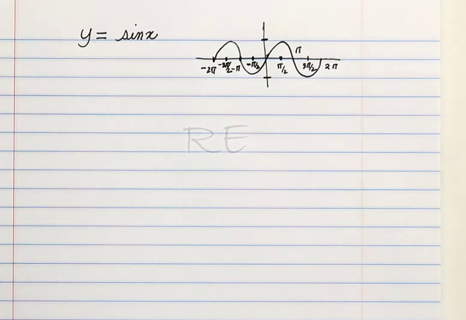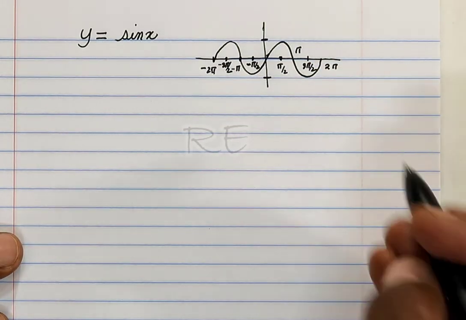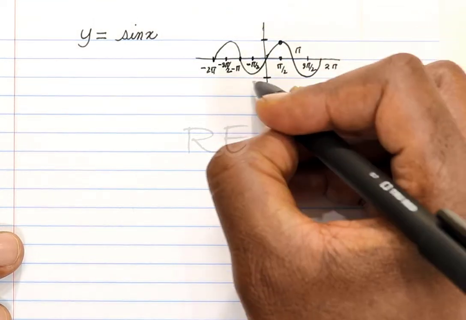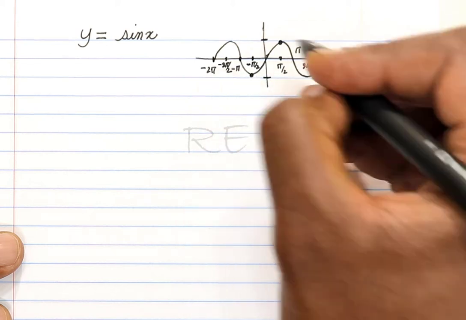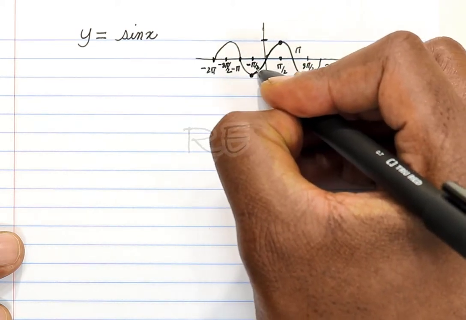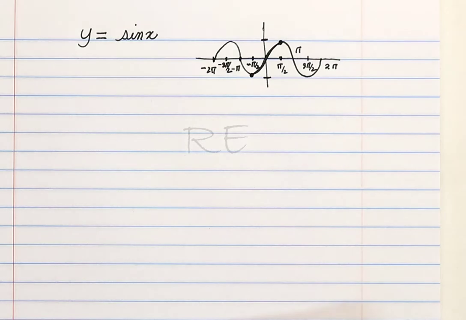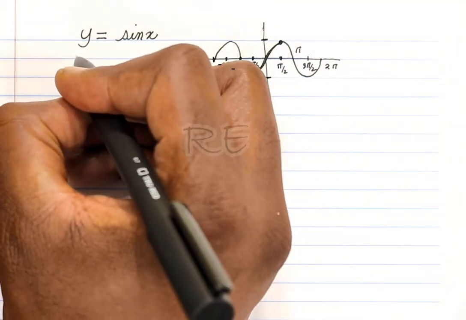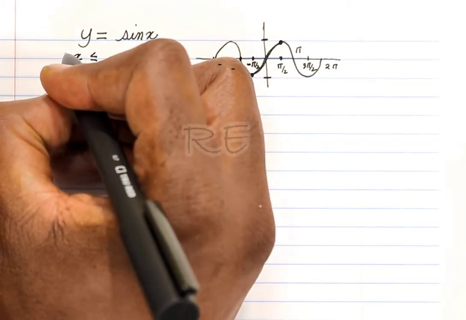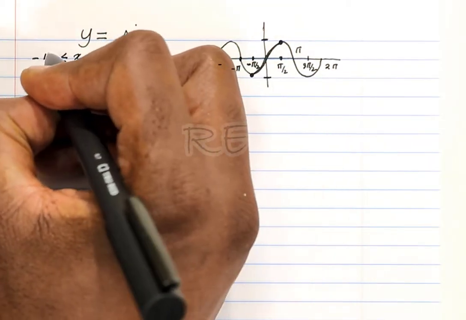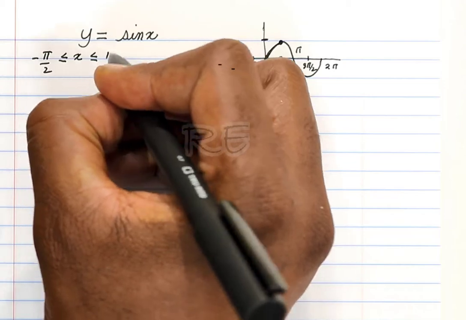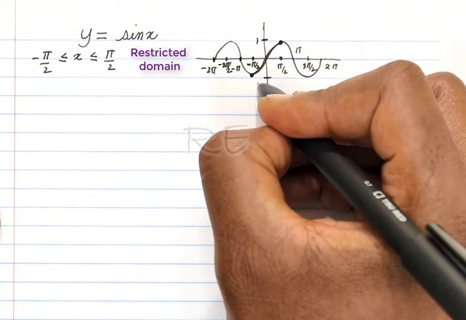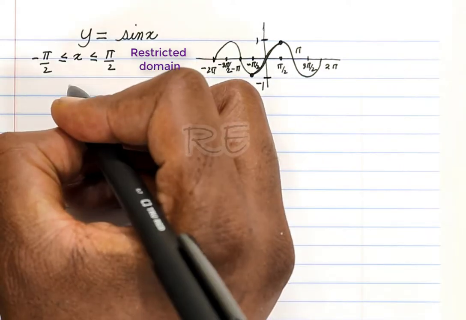Now, if we restrict the domain of sine x between negative pi over 2 and pi over 2, we will obtain a relation that is constantly increasing from negative pi over 2 to pi over 2, and that'll pass the horizontal line test.